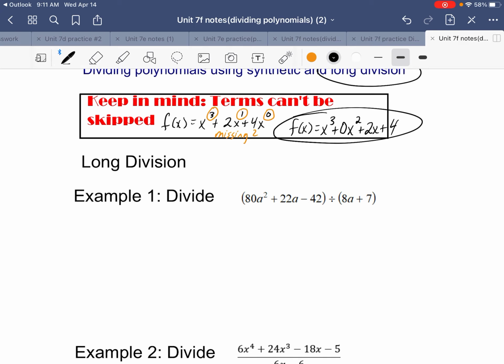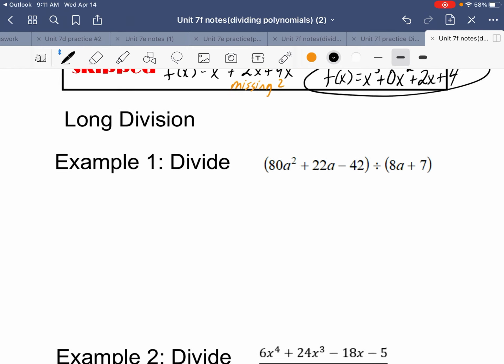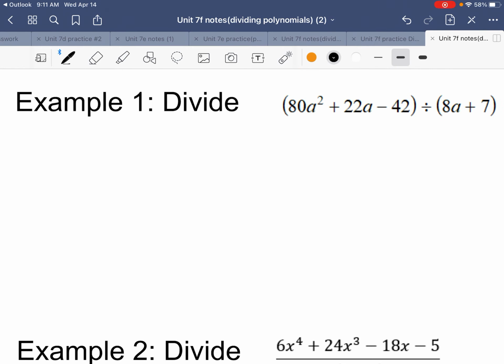That's step 1 always. So looking at example 1 here, the very first step is to look at terms and exponents.